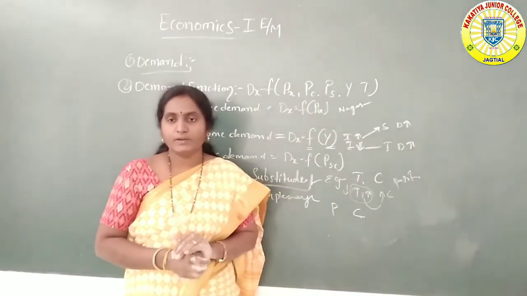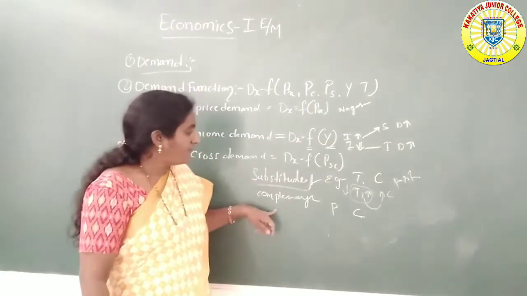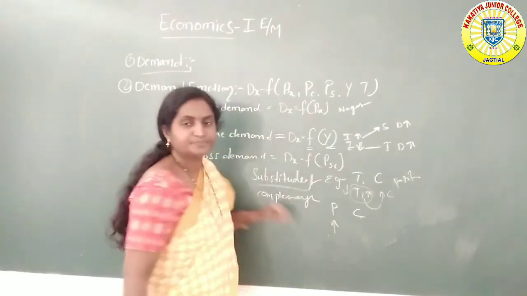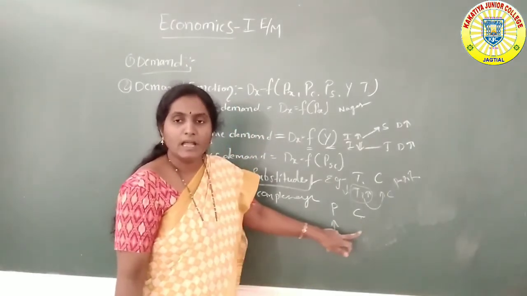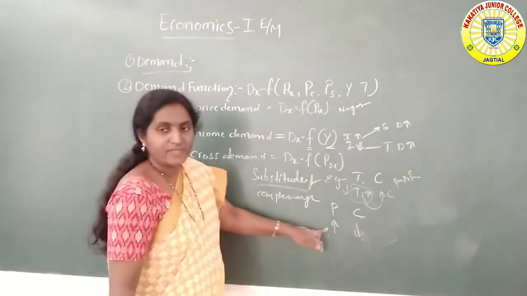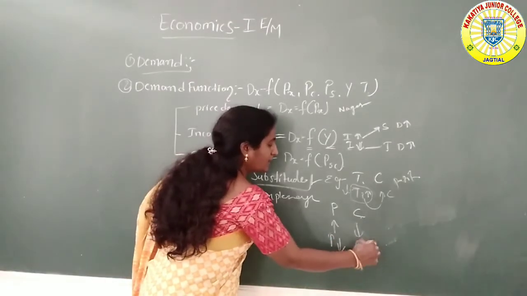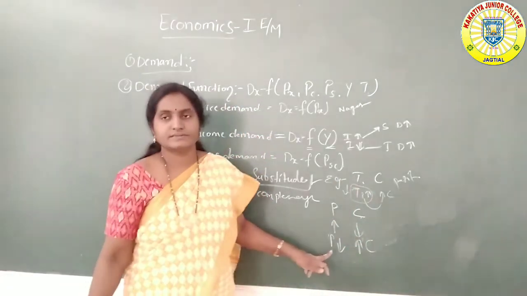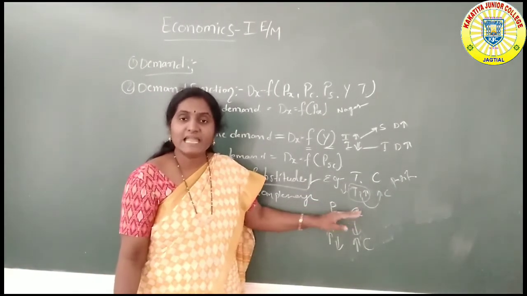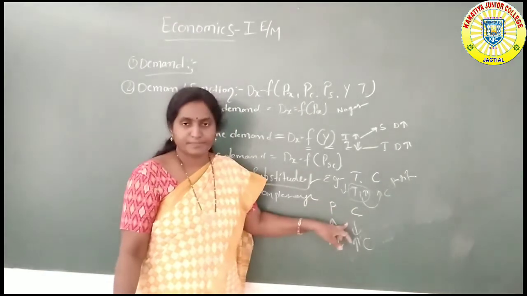Car and petrol are complementary goods. So when the price of cars increases in the market, demand for petrol declines. When the price of cars declines in the market, demand for petrol increases.